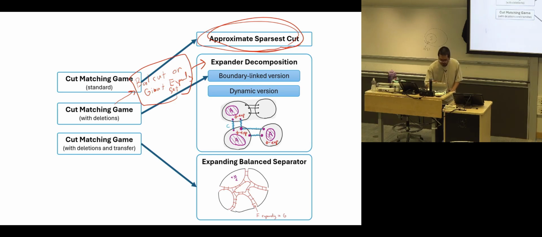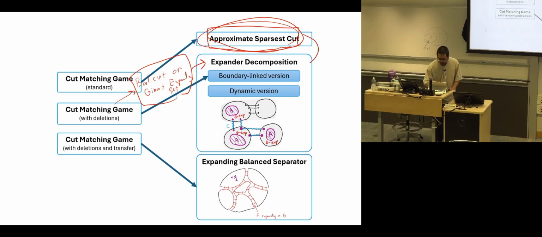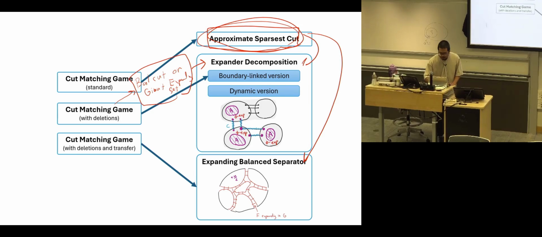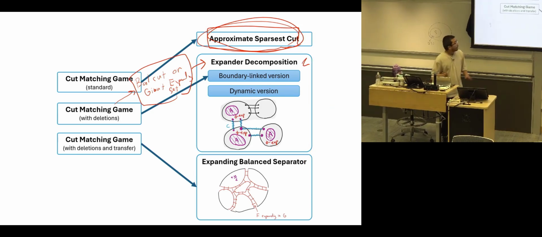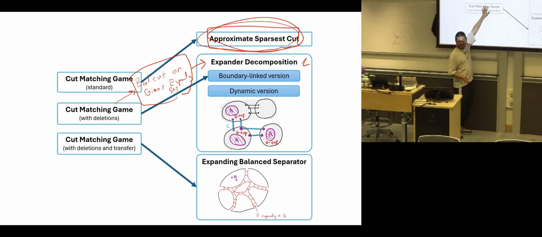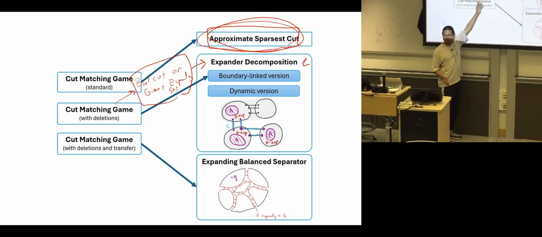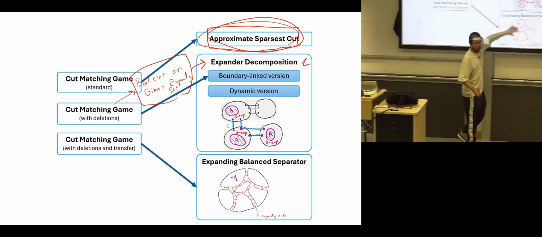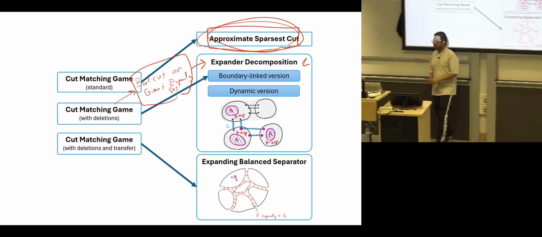So this subroutine is good, but it's just not strong enough to build a fast algorithm for both of these. That's why we want the more advanced version of the cut matching game, to build these two fast directly.